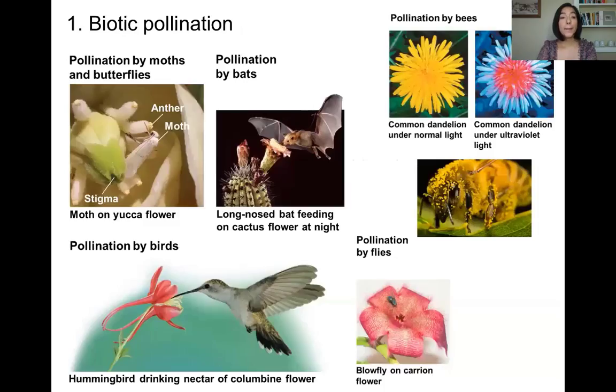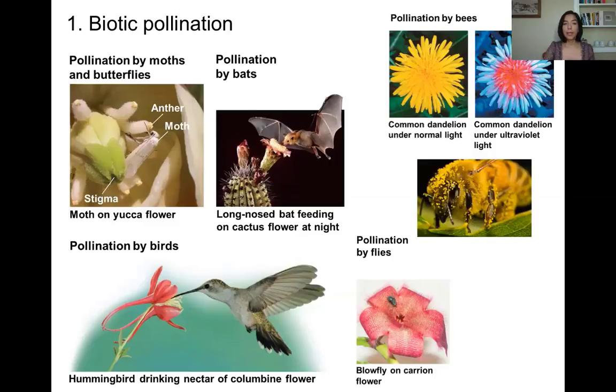So the biotic factors are very, very wide. And here we have the example of pollination by moths or butterflies. The butterflies are attracted to some particular type of flowers in which they use this proboscis to suck the nectar from the flower. Moths are usually attracted to white flowers, and they pollinate at night.